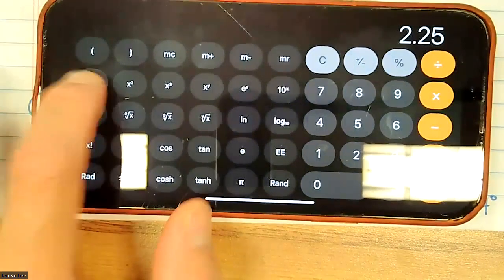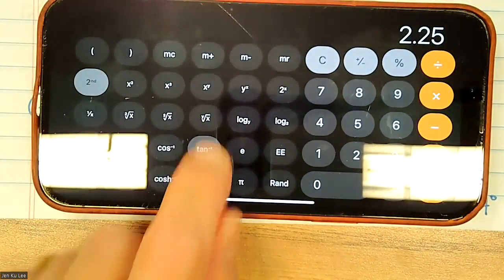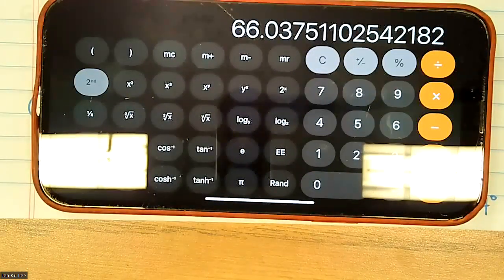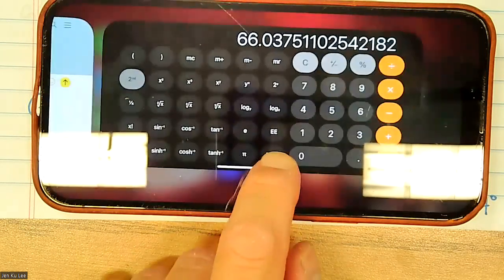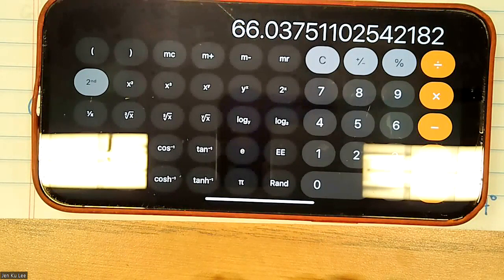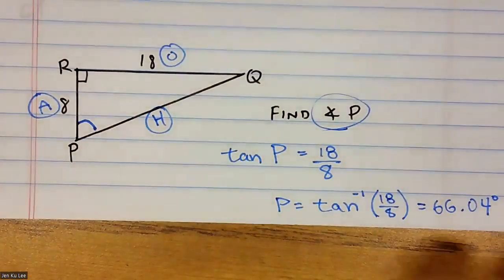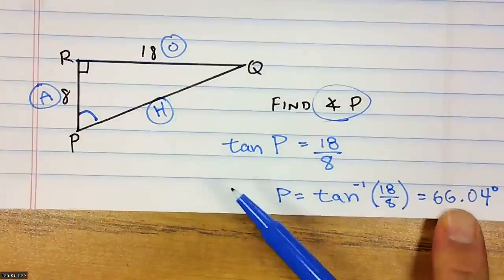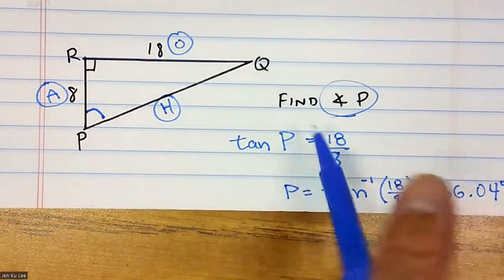Push second if it's not already pushed, inverse tangent. All right, that is the same number. Cool? Okay, so that is 66.04.